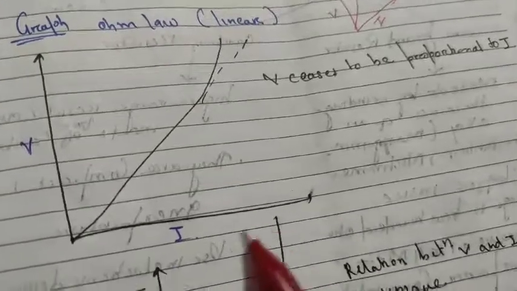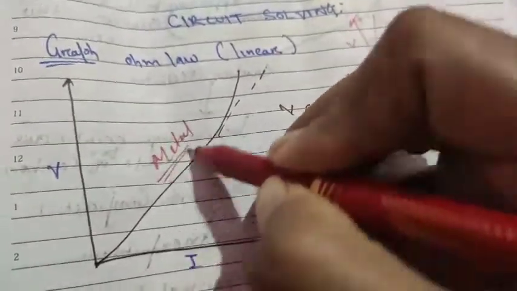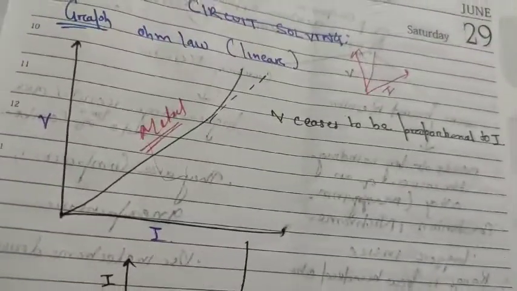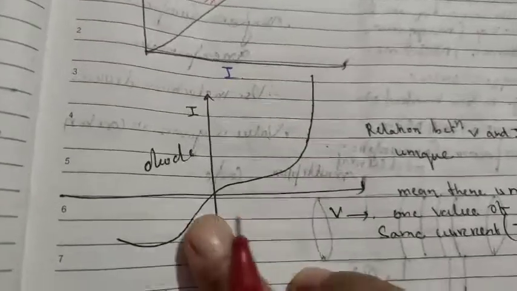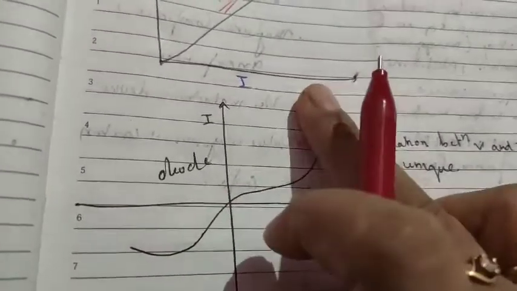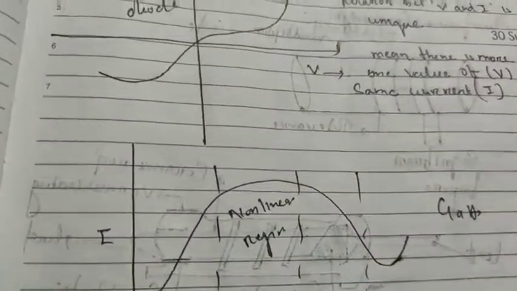This graph is only straight for metals. After a few experiments we saw another graph, which is like a curve. Another graph we have seen is like this. Do you think it is proportional? No. Here I cannot say the potential difference is proportional to current.